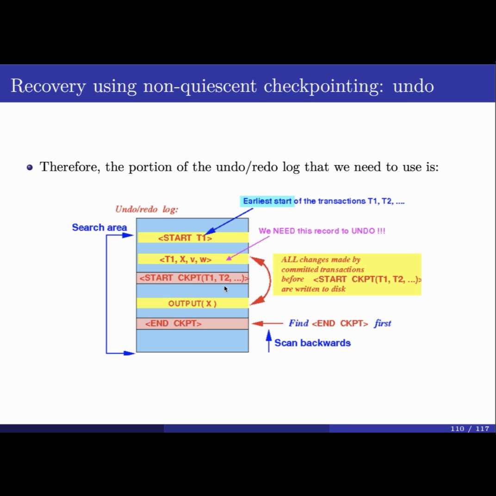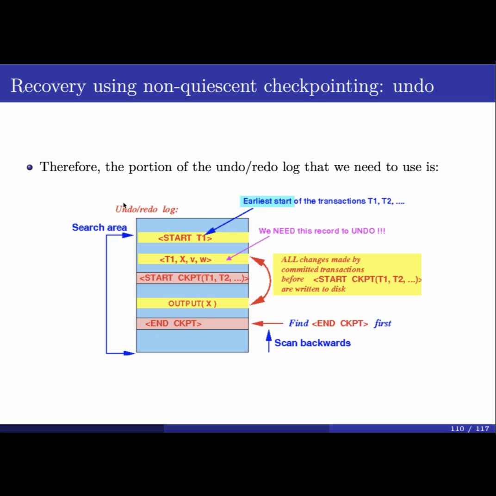As an example, say T1 starts before the start checkpoint. Then here we add the start checkpoint, and this is the end checkpoint. That means all the database elements modified by transactions T1 and T2 have been reflected to the disk before this point.